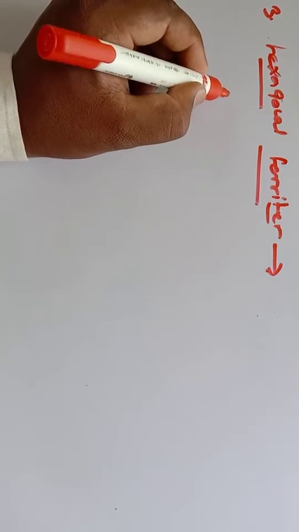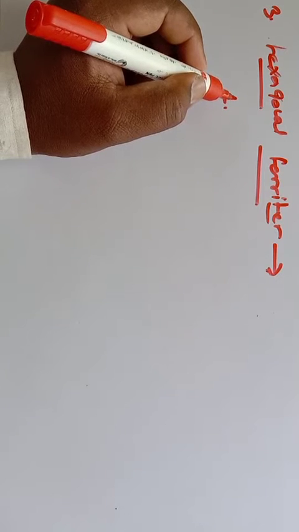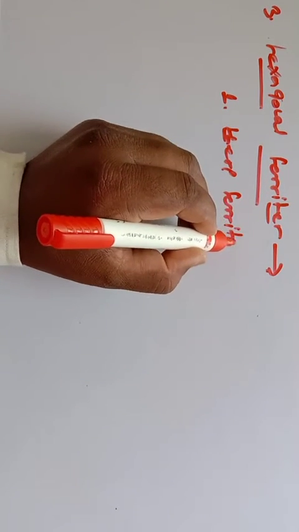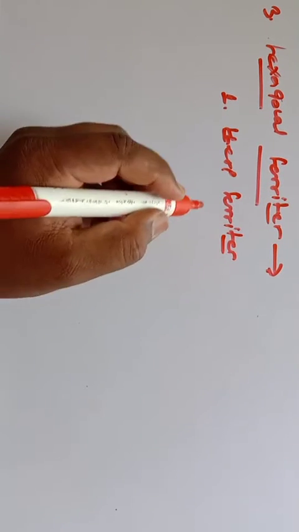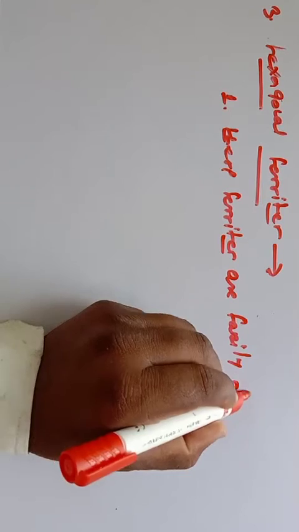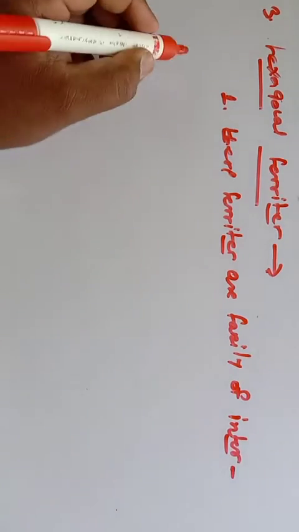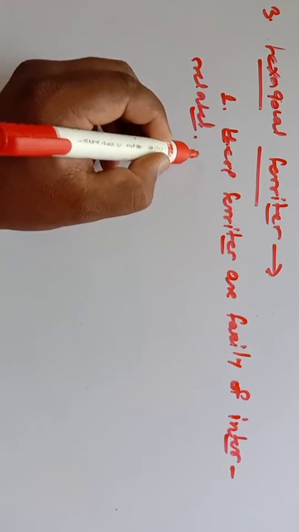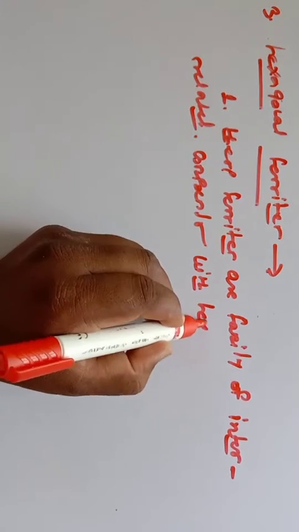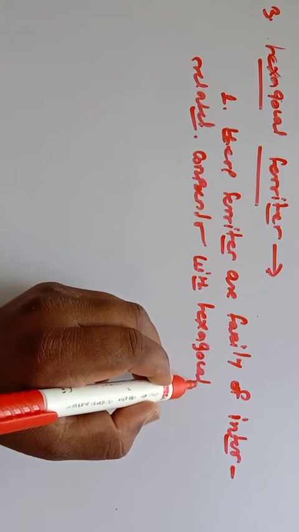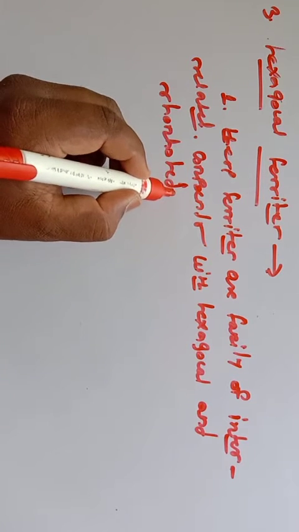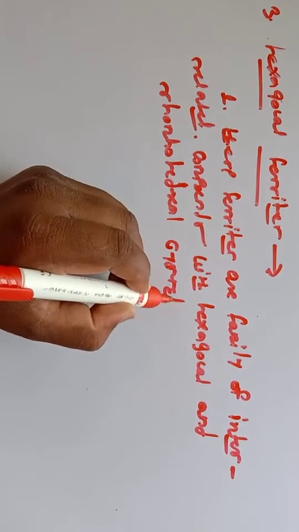So the first point is that these ferrites are a family of interrelated compounds with hexagonal and rhombohedral symmetry.